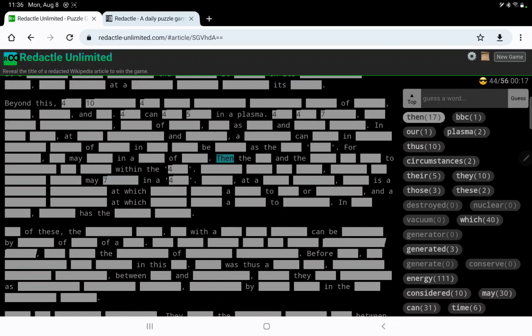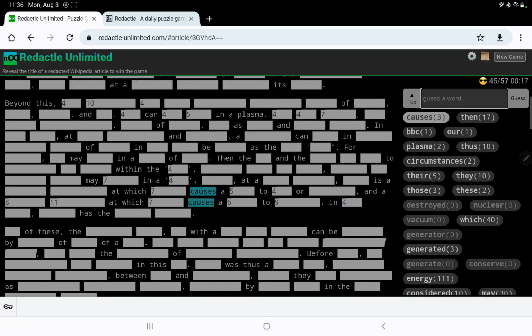Within the 4, at which 7, and a something at which 7, 6, a 6 to 9, causes a something to something at which, okay, not really getting that.